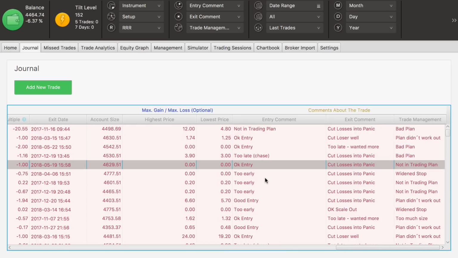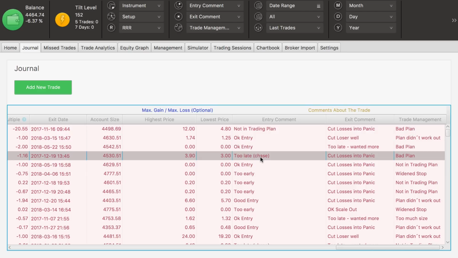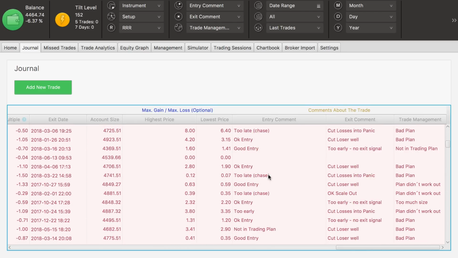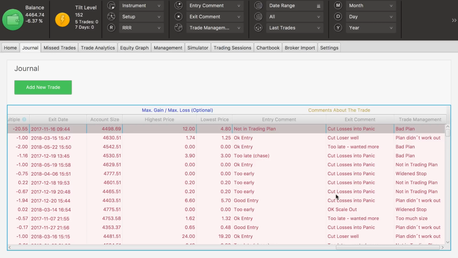In the trade entry comments, we see things like too early, too late, where he chased, the plan, not in trading plan at all. So those are really things that the trader should look at, and even more than just being aware that you are making mistakes when you enter too early, or too late, or when you take a trade that is not in your trading plan. Pretty much every trader will be aware of that, and that is quite obvious.